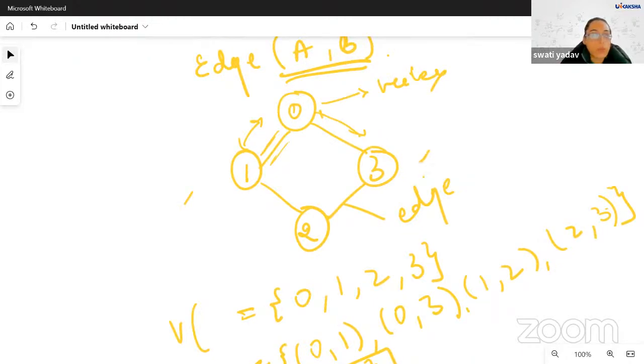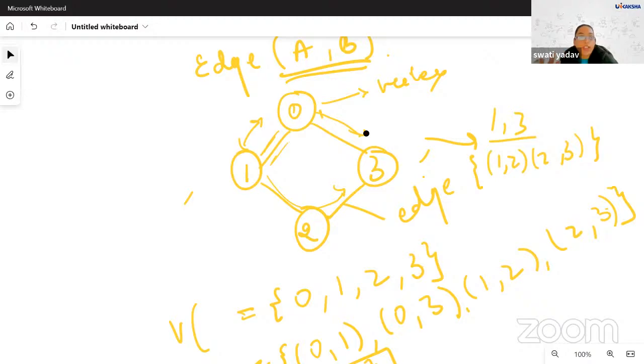So these two vertices, these two nodes, are not adjacent to each other and you have to go through some other vertices as well. So how can you go from 1 to 3? What will be the path? You can take this path, and this would be 1, 2 and 2, 3. So this is a path, a series of edges that take you from one vertex to another when they are not adjacent to each other. That is your path, okay?